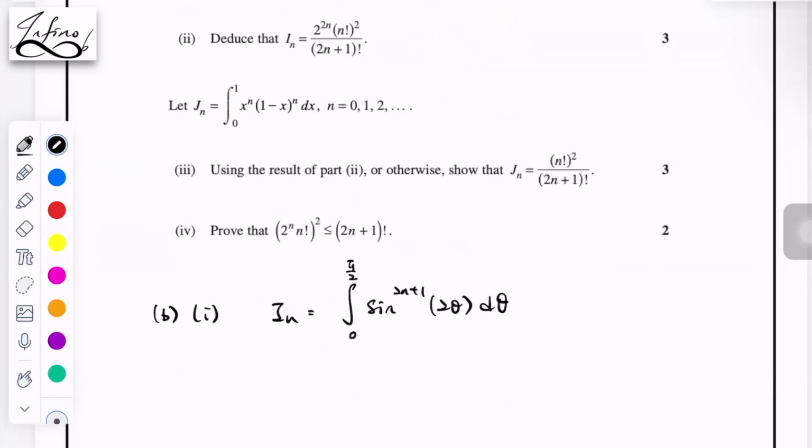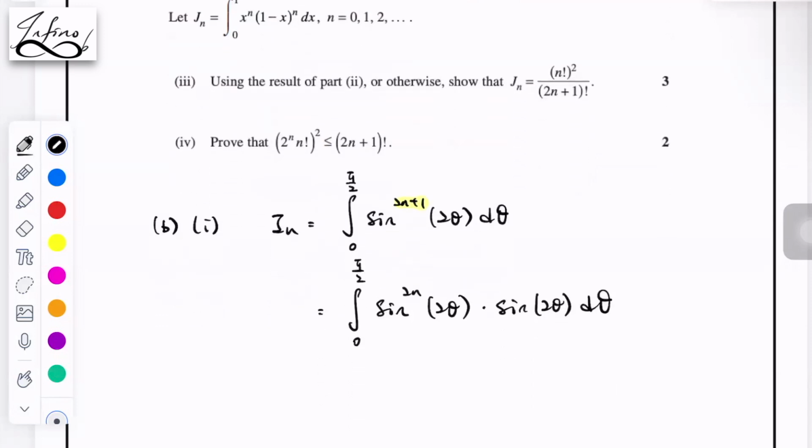Before we apply integration by parts, we have to split the power 2n plus 1 into the integration from 0 to pi over 2 of sine^(2n) of 2 theta times sine 2 theta d theta. And then we put u as sine^(2n) 2 theta, and dv as the second part, which is sine 2 theta d theta.